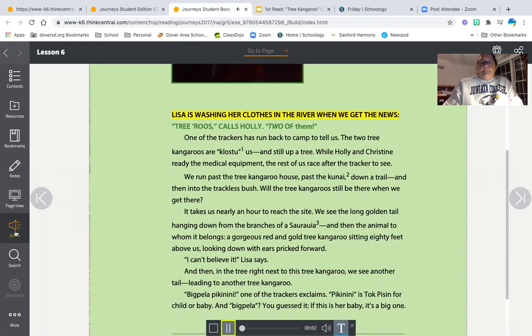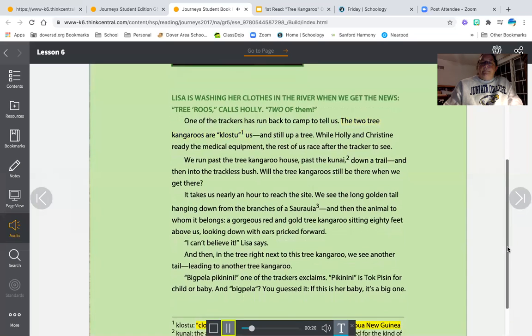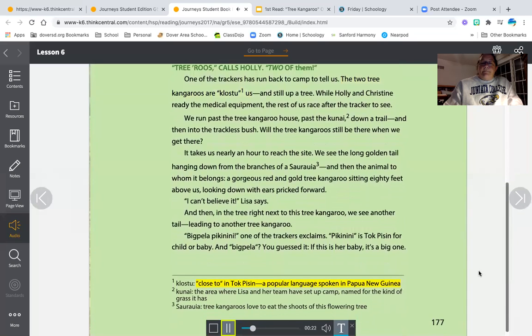Lisa is washing her clothes in the river when we get the news. Tree roos call Holly, two of them. One of the trackers has run back to camp to tell us. The two tree kangaroos are close to us. Close to, in Tok Pisin, a popular language spoken in Papua New Guinea, and still up a tree.